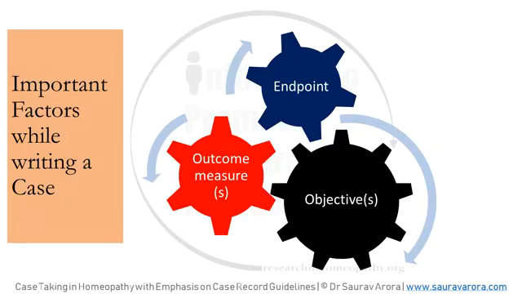What you want to see in that case, what your objective is, why you have taken that case, why you let patients enter into your chamber, why you took the case, because your objective is either to cure, to palliate, to relieve, to manage.